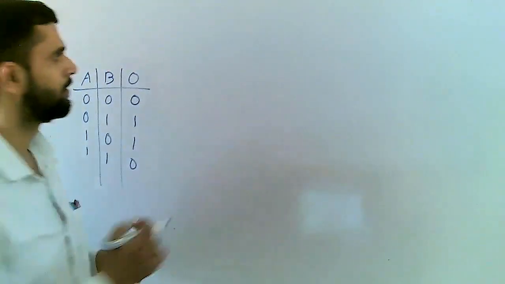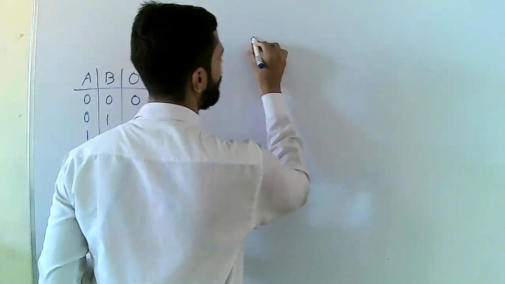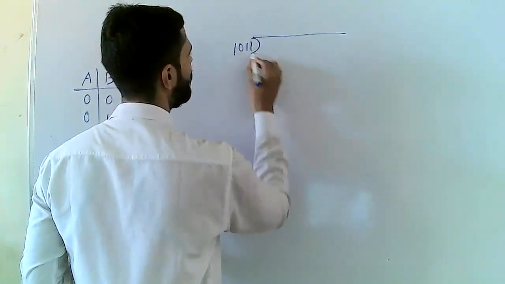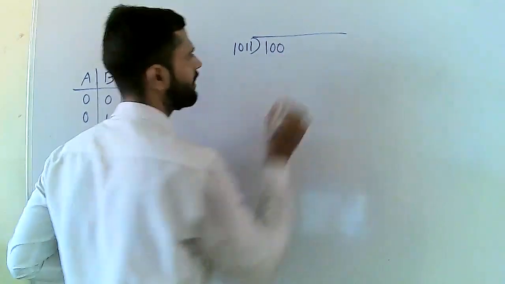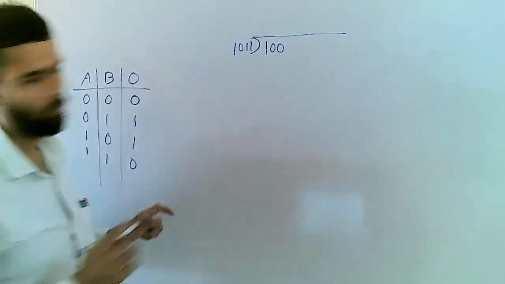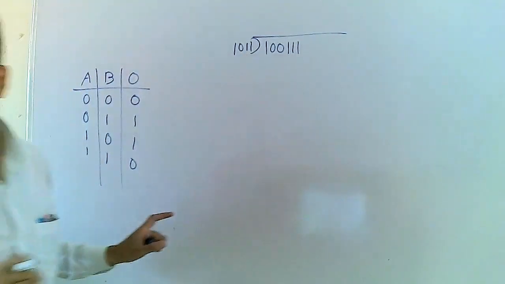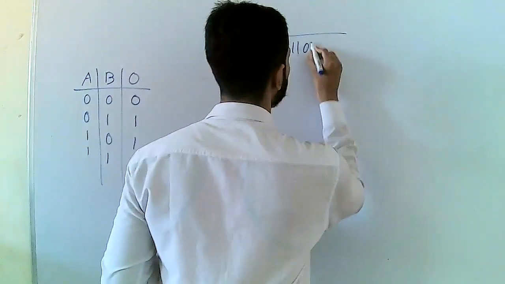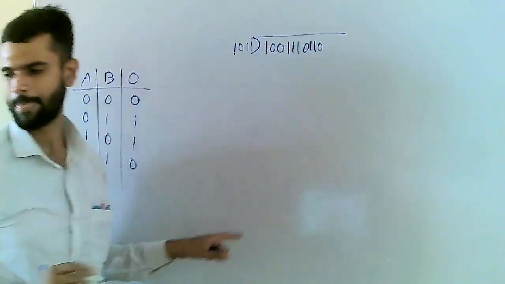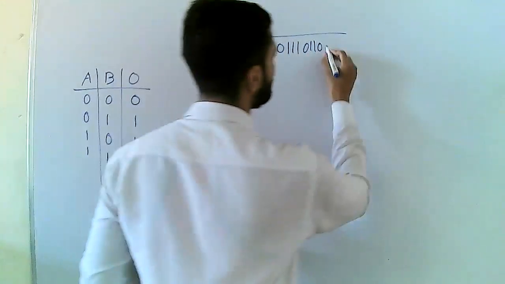So how will it be? That is 1 0 1 1, and the data stream is what? 1 0 0 1 1 1 1 0 1 1 0 0 1 1 0 and 1 1.